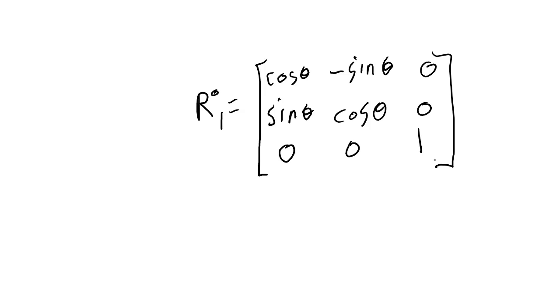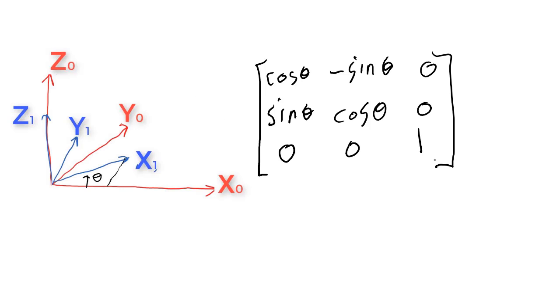Now, this matrix will correctly tell us all of the projections that we need for any angle theta that we might use to rotate the frame in such a way that z1 does not change. Notice that in this rotation we made, we were rotating around the z-axis. In other words, the z-axis is the one that didn't change at all.